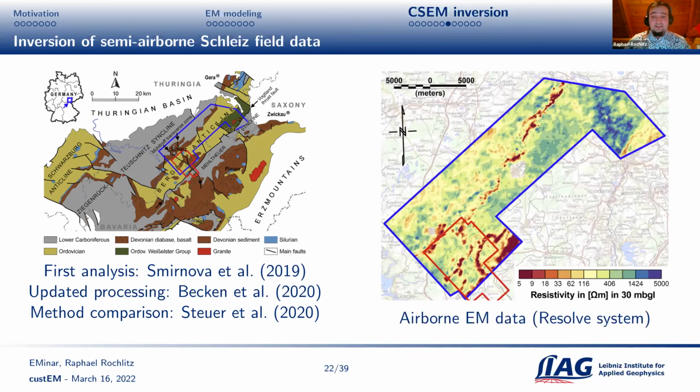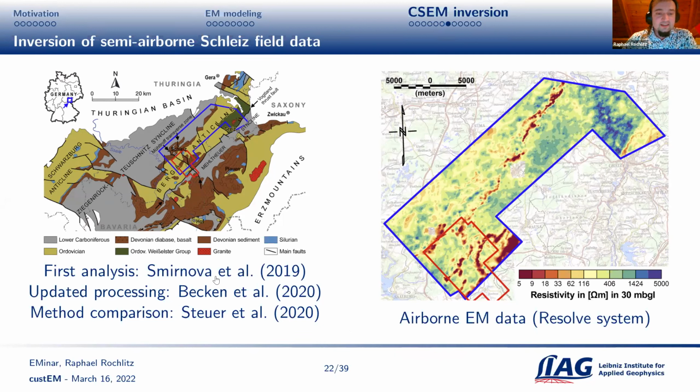The good thing is we already have some reference data available from pure airborne EM measurements conducted with a RESOLVE system. So we have a kind of good resistivity model of the surface available for referencing our results and for seeing where we want to place our flight areas. And first data of our semi-airborne experiments were published by Maria Smirnova in 2019.